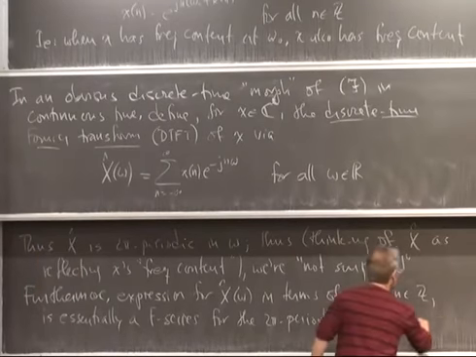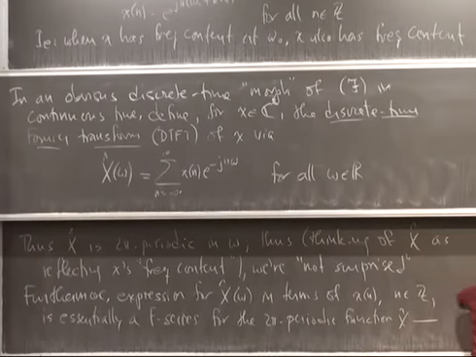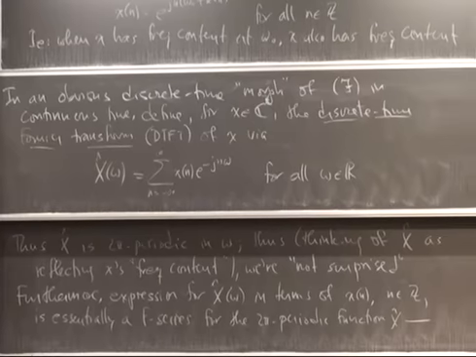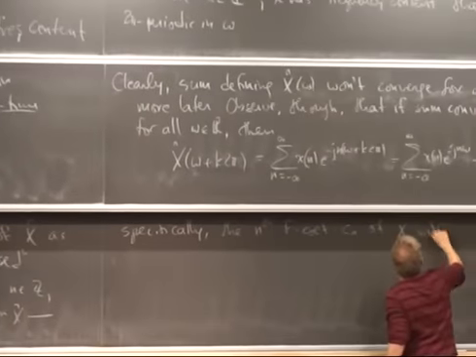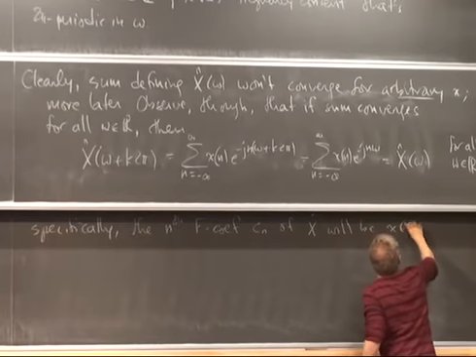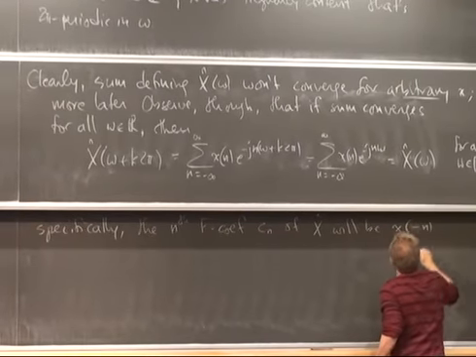So specifically, the nth Fourier coefficient, say C sub n of x hat, will be x of minus n for all n in the integers.